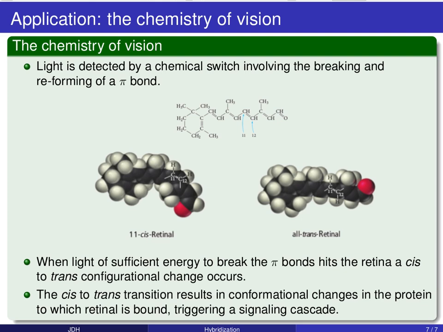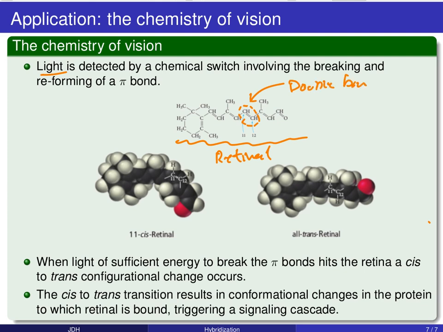So effectively what's happening here in the chemistry of vision is that light comes into your retina, and it will impact a molecule. It's called retinal, so I have it drawn out here. This retinal molecule has a number of double bonds, but one double bond that's of particular importance.